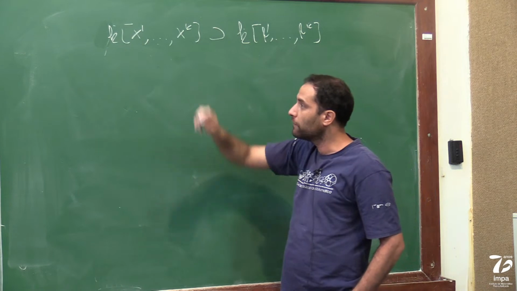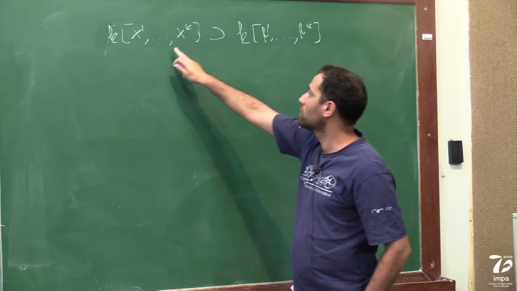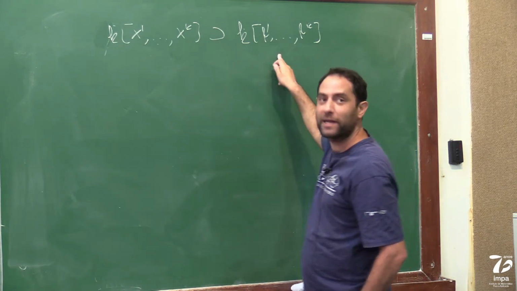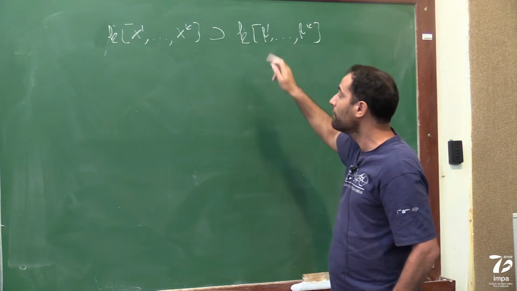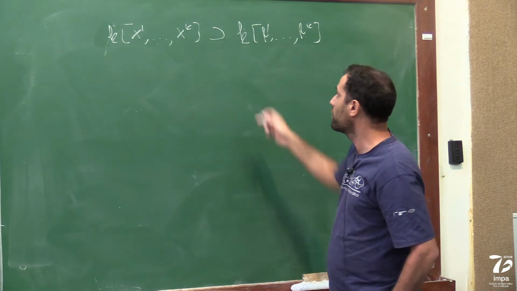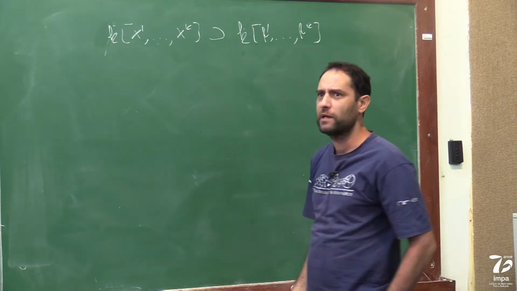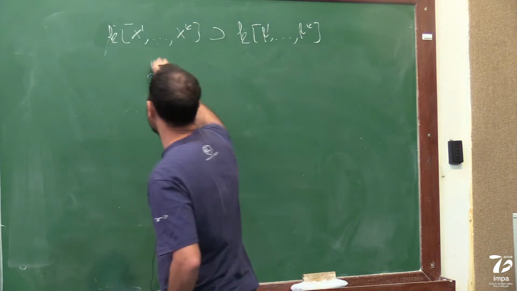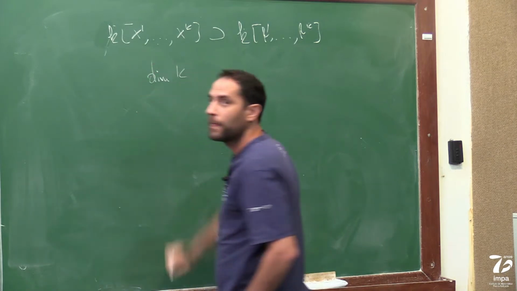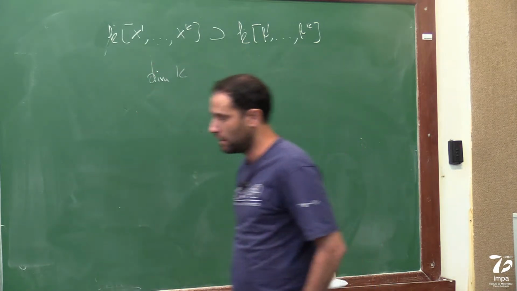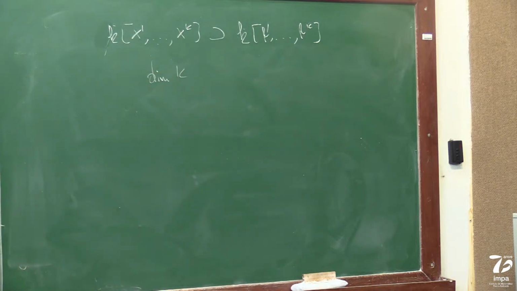They are both over the field k of transcendence degree k. I'm using too many letters k, but they're both of dimension k. So that means that this has to be a finite algebraic extension.